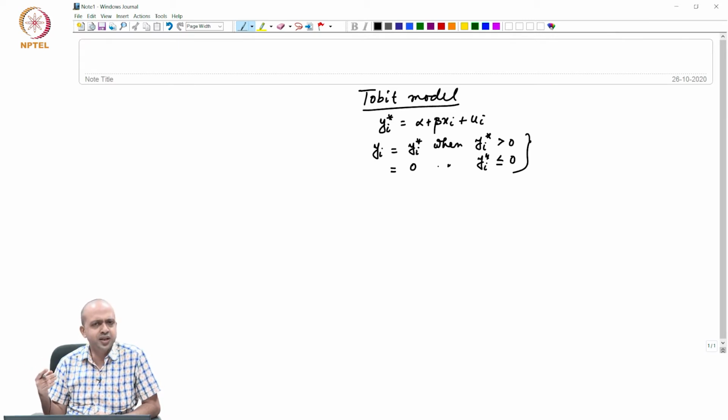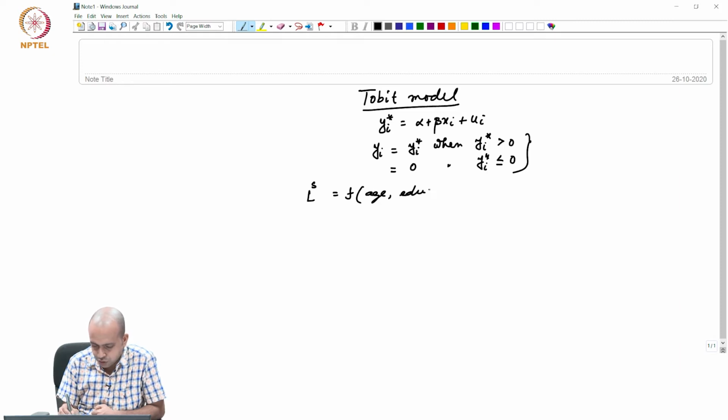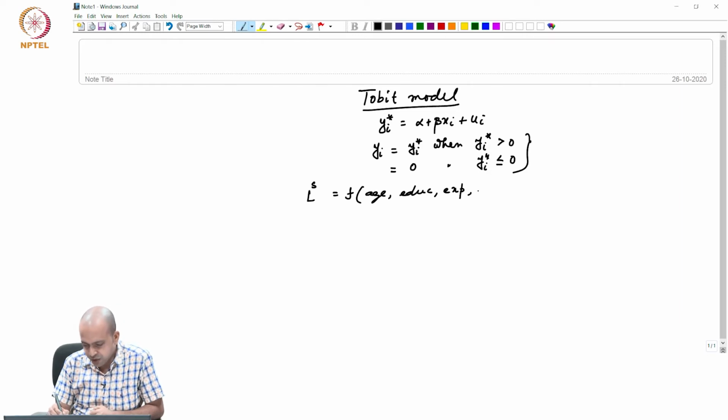For a change in any explanatory variable, this is our labor supply model, which is a function of age, education, experience, husband's wage, and number of kids.